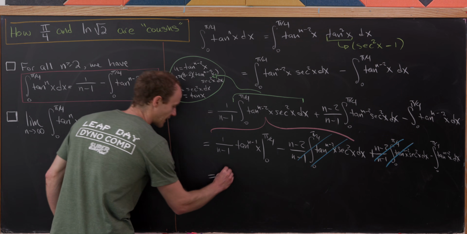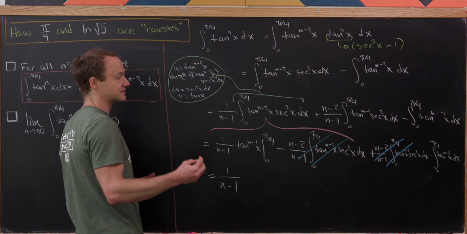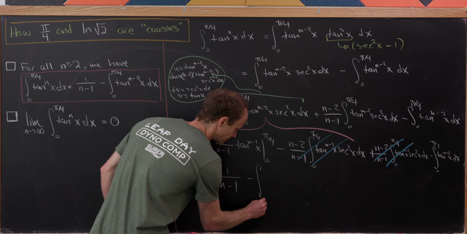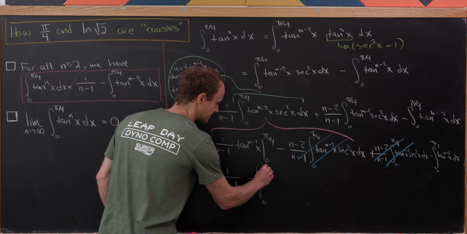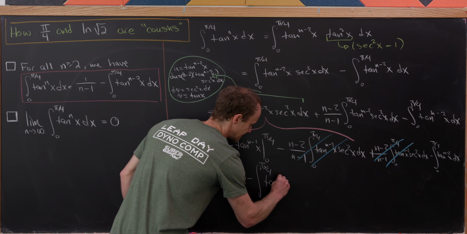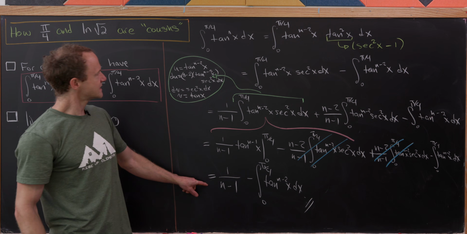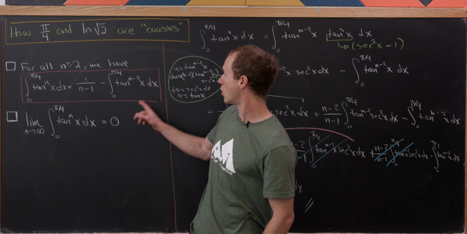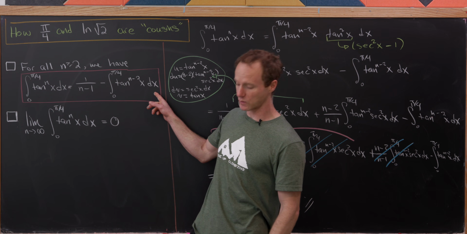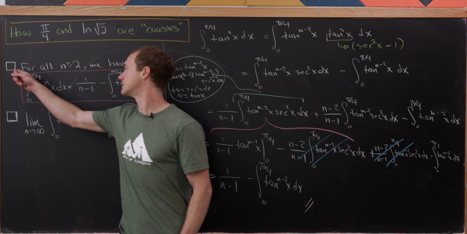That means that this evaluation turns into 1 over n minus 1. Those two middle terms, like I said before, canceled, so we just bring down that rightmost integral, which is the integral from 0 to pi over 4 of the tangent to the n minus 2 of x dx. But now let's look over here and see what our goal was. Oh, and that's exactly what our goal was, so we've got this first lemma proved.